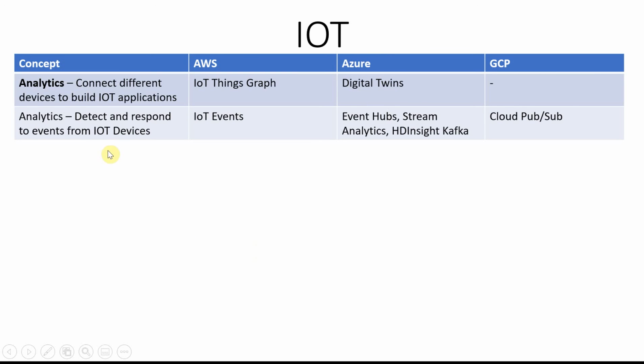The last one is again a category where you need to connect different devices to build IoT applications. The digital twin, which is getting a lot of popularity, is like a simulator of the actual device. You can think of it that way.